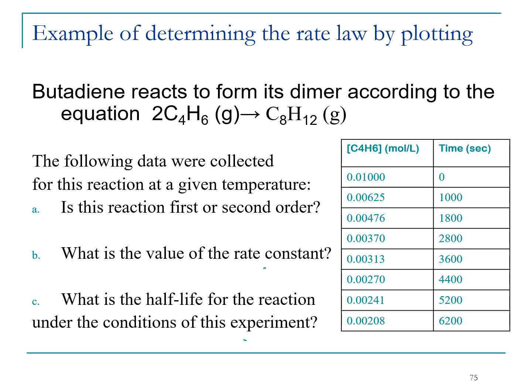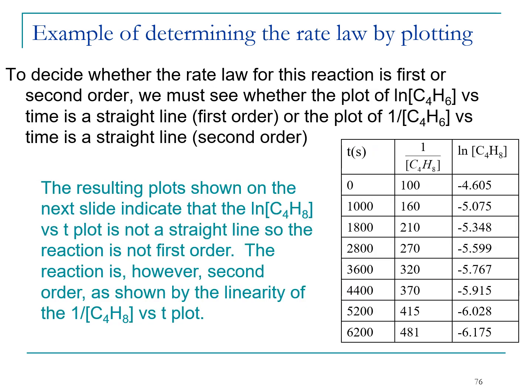So I'm going to make a chart where the natural log of 0.01000 is negative 4.605, and so forth. So here you can see what I did. I did 1 over concentration versus time, and here's natural log versus time.